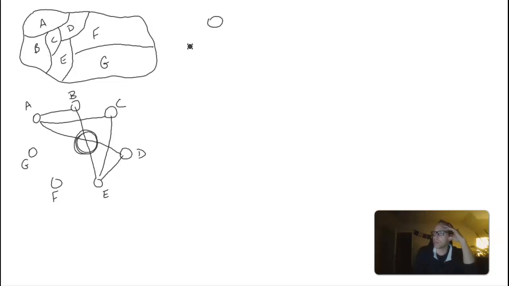What I'm going to do is kind of position them more or less where they're located in the graph. We're going to try this again. So this will be A, B, C, D, E, F, G. And we'll do the same thing, except now you'll notice it'll be a lot easier. Again, our goal is to connect any two regions that are bordering.